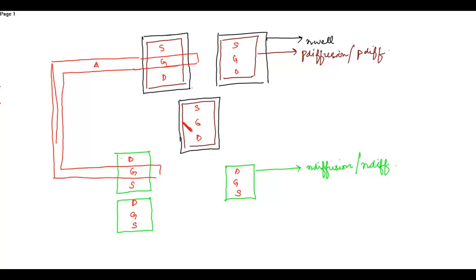Okay, before going for B, let's draw the C. This is C. Then you have B. You can draw from here or here. Draw it from outside.